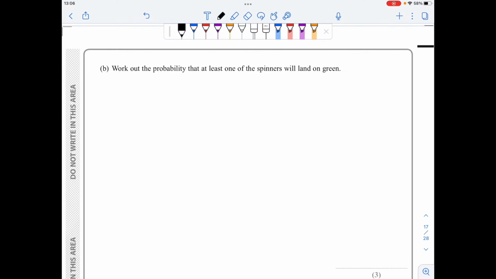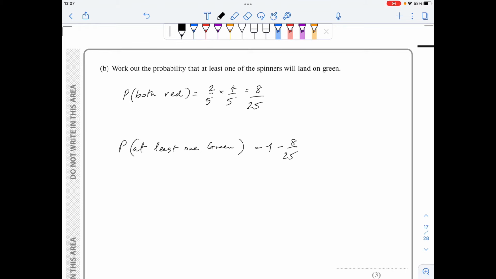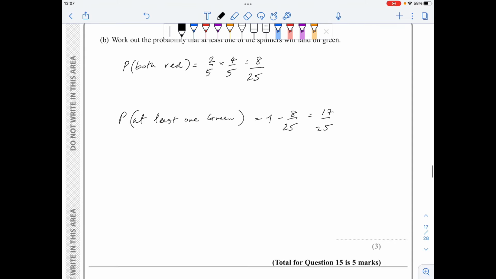So probability both are red is equal to 2 over 5 times 4 over 5, which gives me 8 over 25. So probability at least 1 green is equal to 1 minus 8 over 25, which gives me 17 over 25, and that's the final answer.